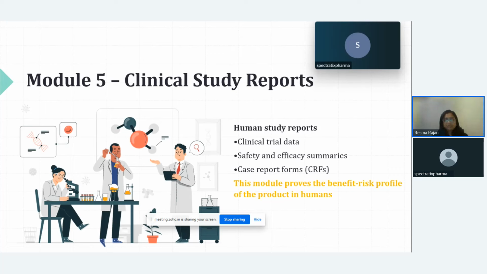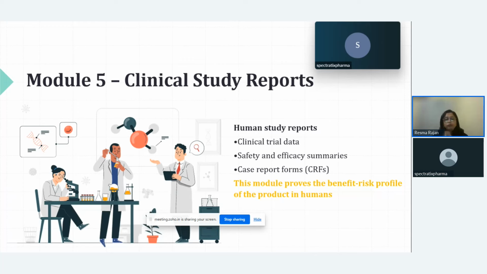All these clinical trials are conducted in humans, so all the human trial data will be compiled, along with the study details and the case report forms of each subject or patient who has been in the study, and given in Module 5.